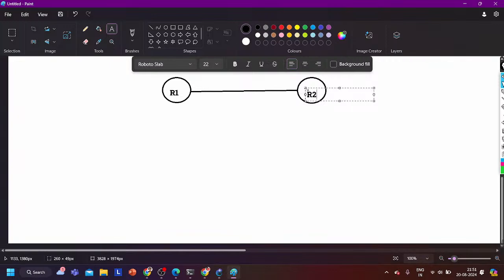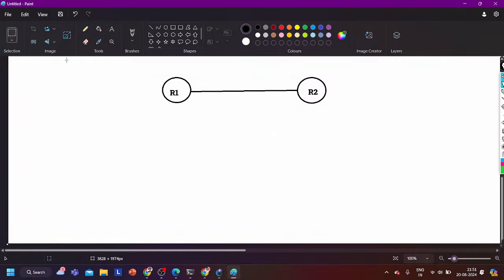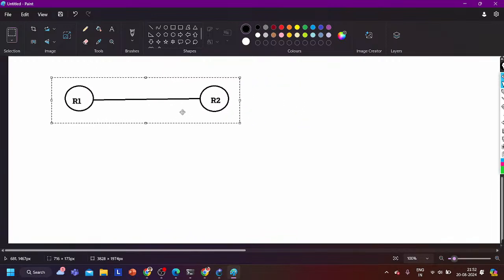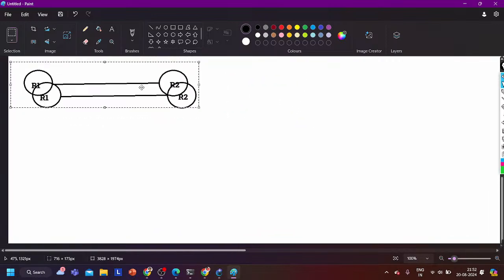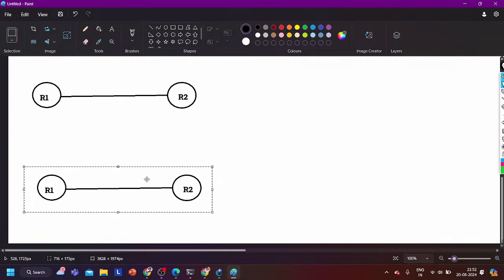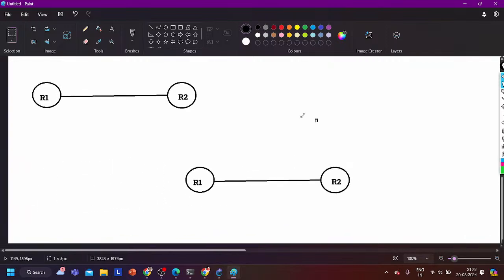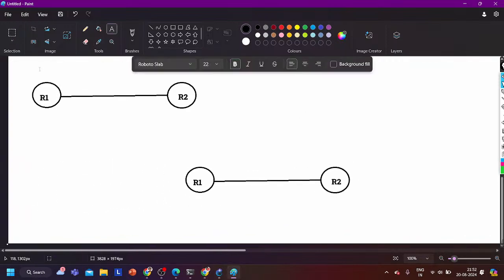I can run BGP between companies as well as within a company, right? This is not like we can run BGP between companies only. BGP is suitable for within the AS as well as between the AS, right? So let's say here the AS number is 100 and here also the AS number is 100.